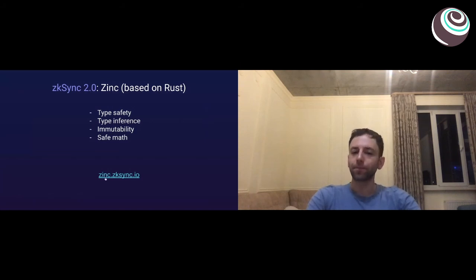It's really easy. You can check it out at zkSync.io. It can be an opinionated statement, but you want to write smart contracts in a language which is as close to Rust as possible. You need the type safety, you need the immutability.